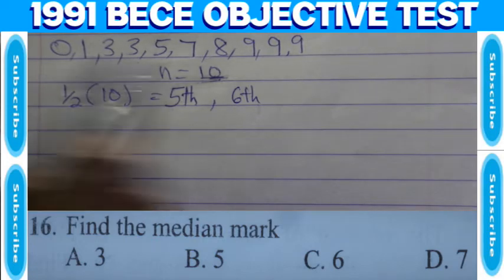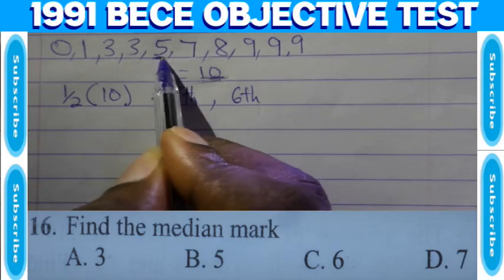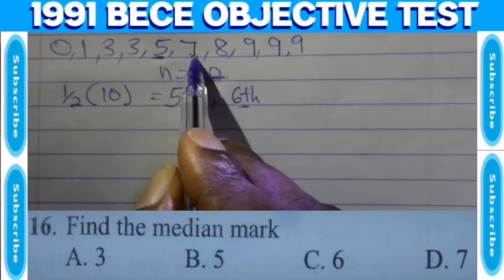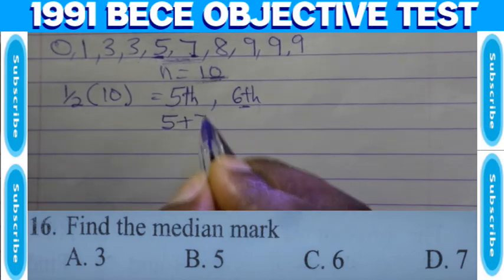So we search for the 5th item. Let's count 1, 2, 3, 4, 5. So we have 5, and then the 6th item is this one, 7. Find the sum of these two: 5 plus 7.